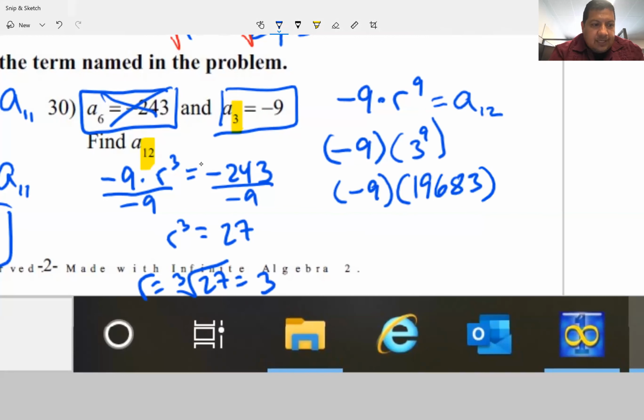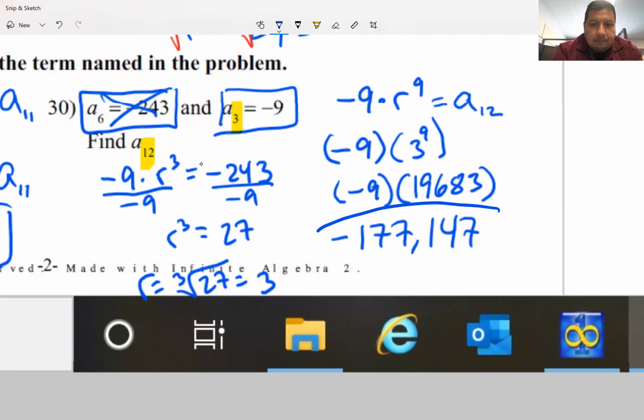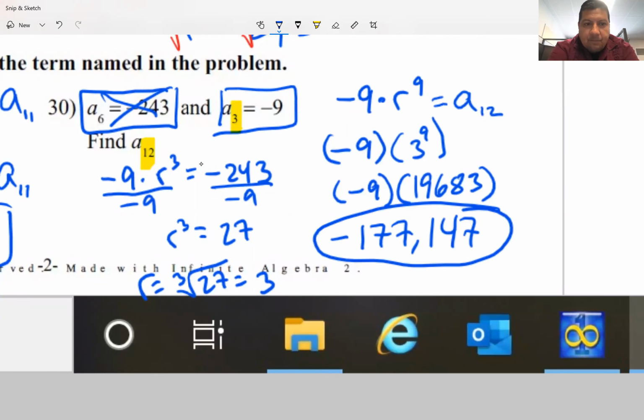When I multiply these two, I get -177,147. The comma between the thousands and the hundreds, optional. I wrote it, but it is optional. Again, make sure you get the ratio first and then use it.